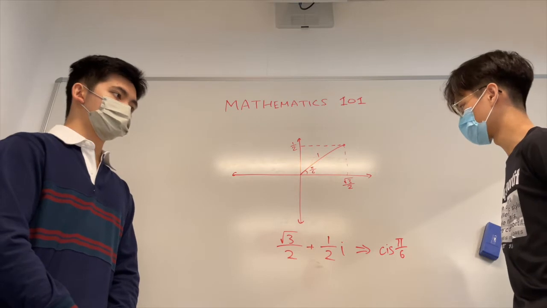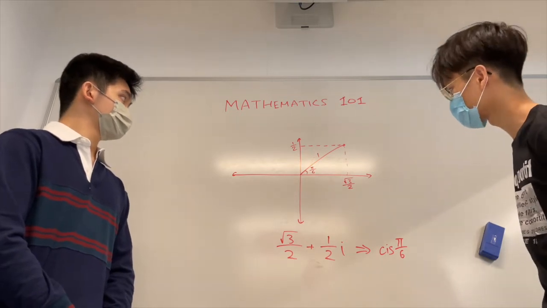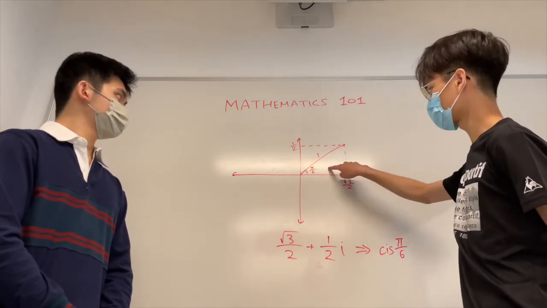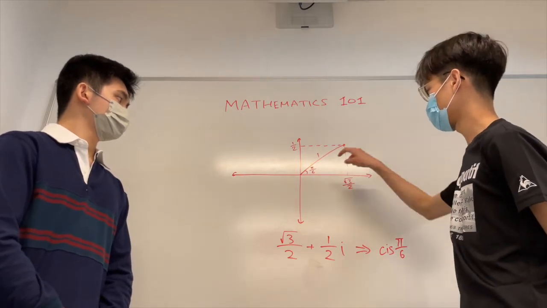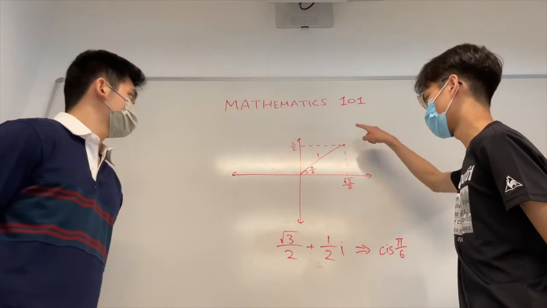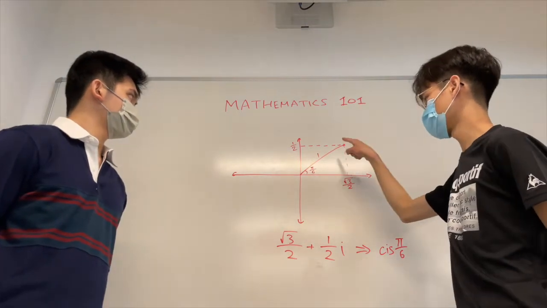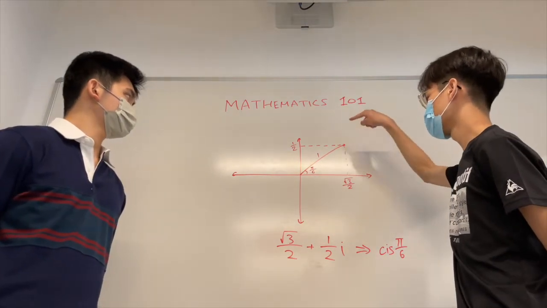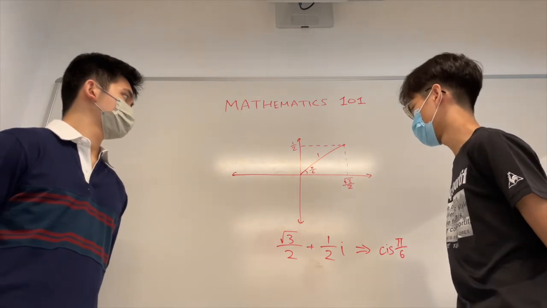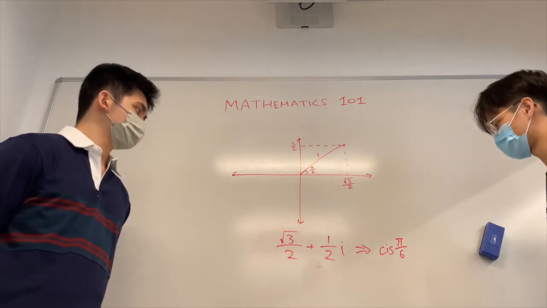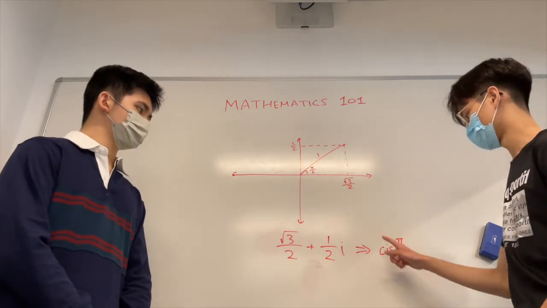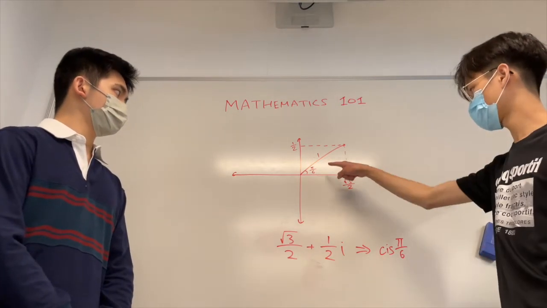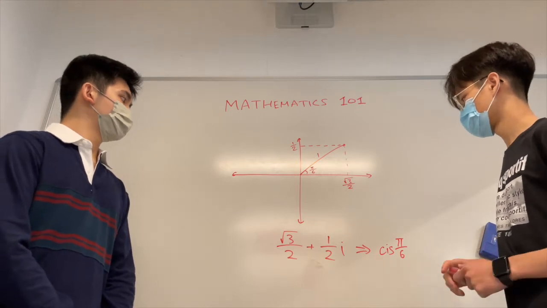What polar form does is it expresses this number in terms of this angle here, the angle of this line from the x-axis, and the length of the hypotenuse of this right-angled triangle. And this happens to be equal to the modulus of this number. So this can be expressed as cis pi over 6 because it has a modulus of 1 and an argument of pi over 6.